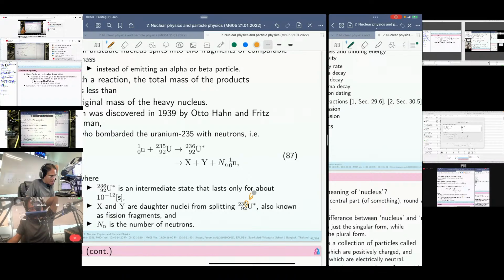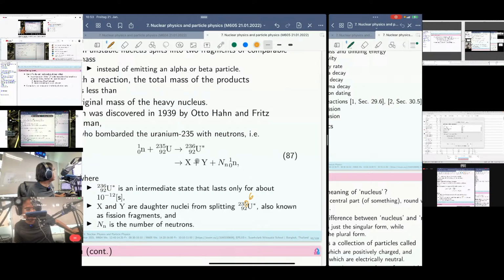Please note that I didn't write down the mass number and the atomic number for both X and Y, because X and Y could be many combinations. And one more is the number of neutrons. Neutron is n, right? And n means the number of neutrons that emerge from this process. It could be any integer: 1, 2, 3, 4, 5, 6.